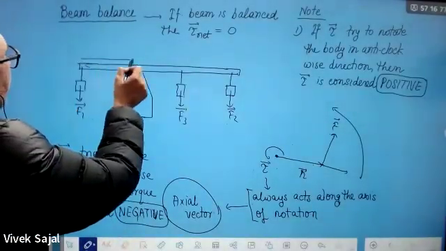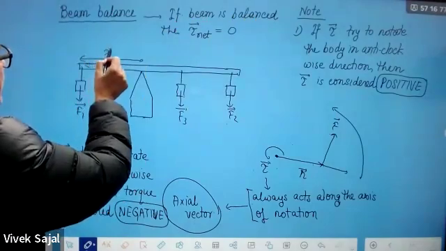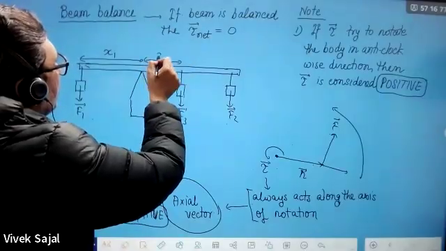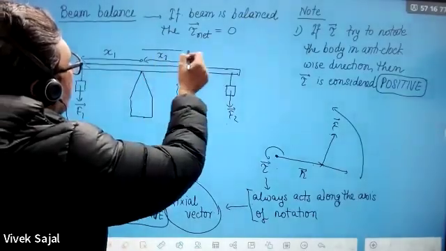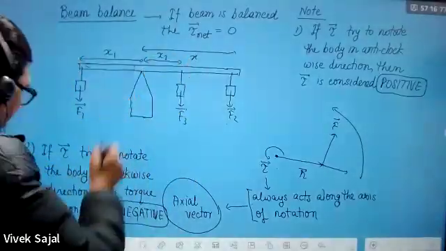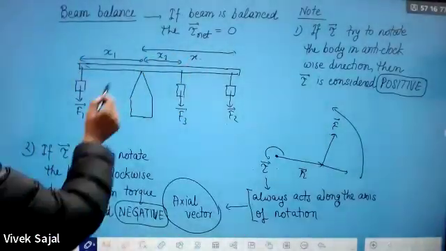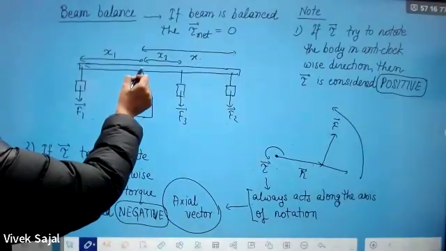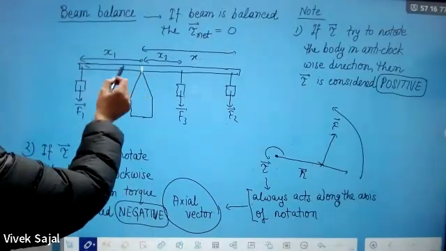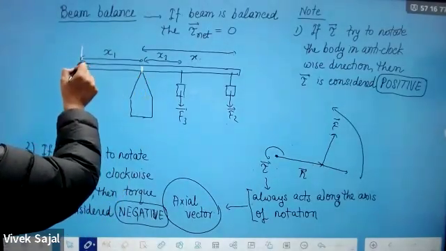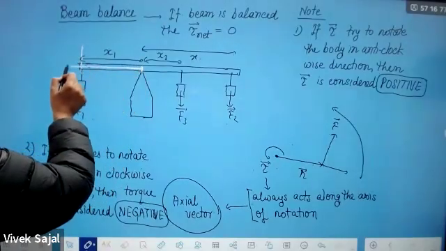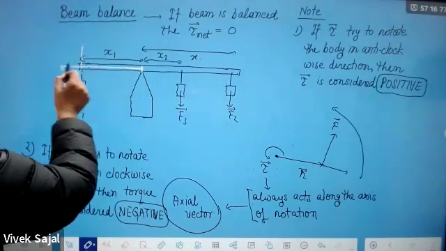I assume that this distance is x1, this distance is x3, and this distance is x2. Try to understand what the r vector will be here. This is the point about which the beam is going to rotate. So here, draw a perpendicular from the point to my line of force. This is the P vector here.